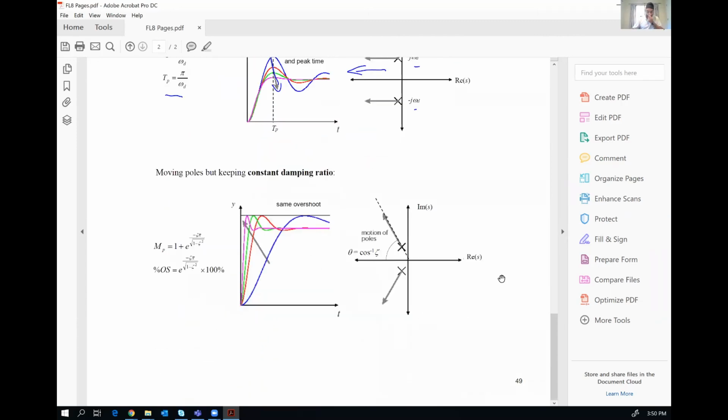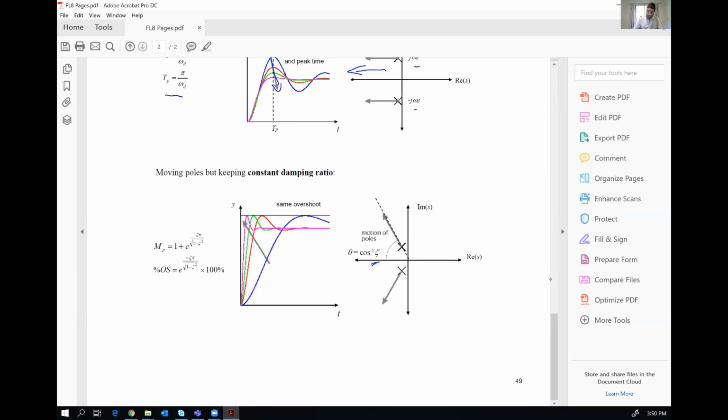Finally, let us consider the case in which all the second order transfer functions that I consider have poles that lie on the same diagonal which passes through the origin. So the angle that I have with the negative real axis is the same. Since the angle with the negative real axis is the same, the damping factor is fixed.